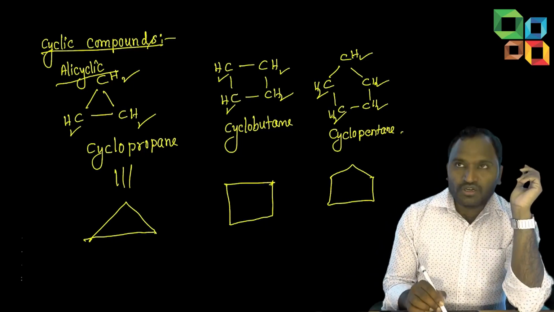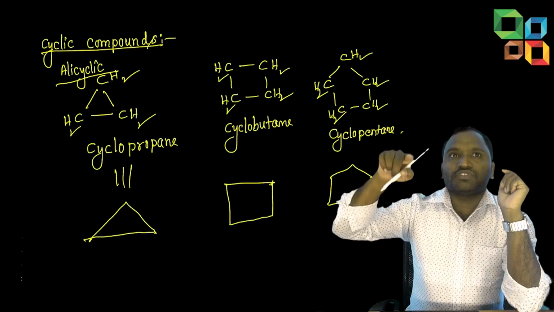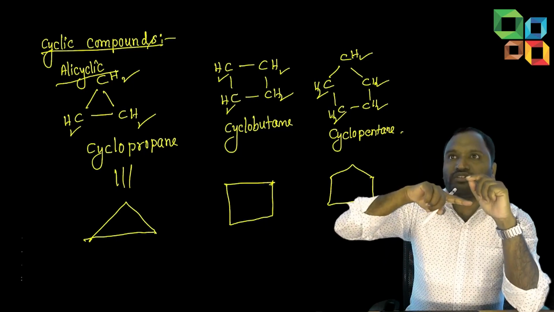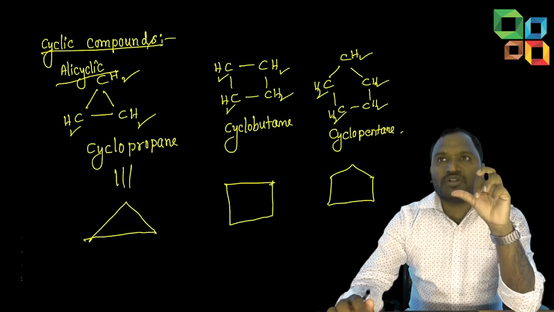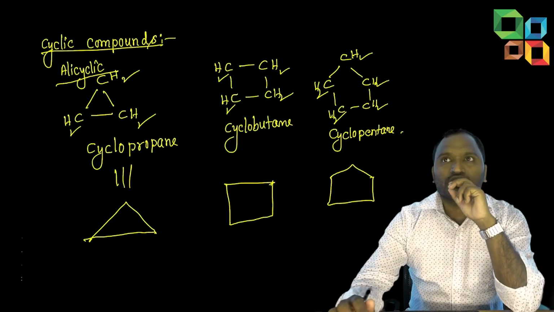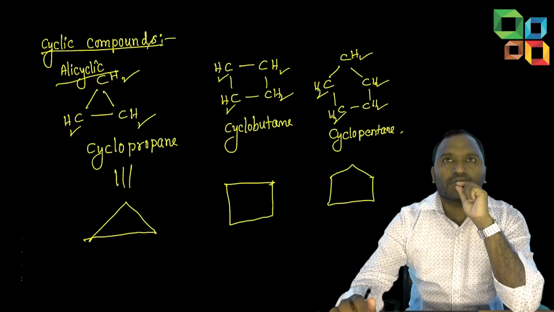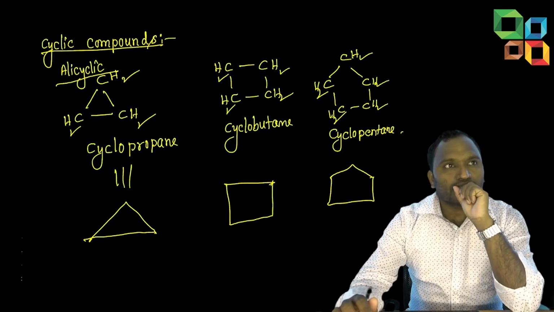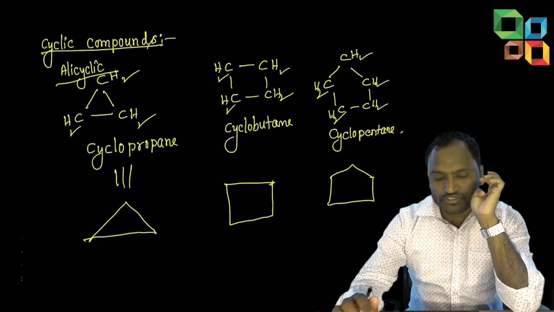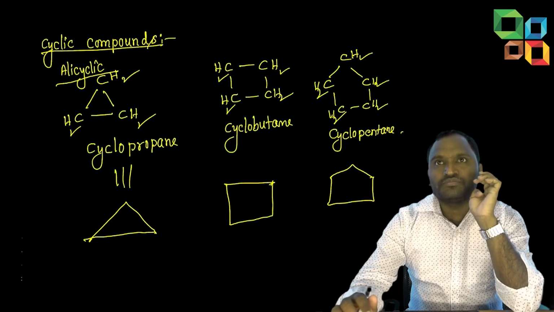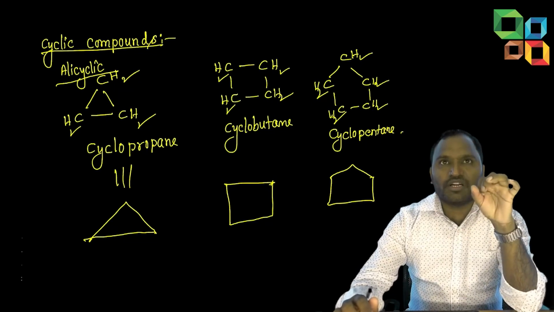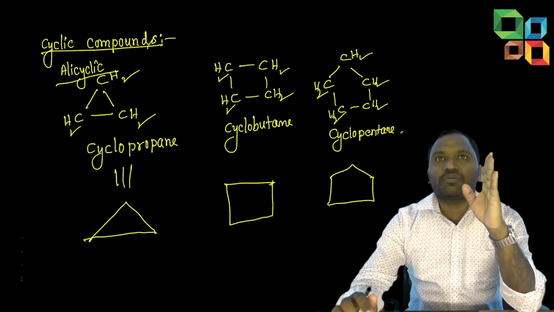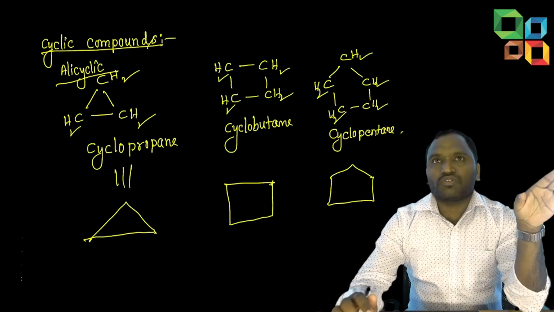The reason is, take cyclopropane. In maths there is a triangle, no? What is the angle between the two lines, students? If it is equilateral, then 60 degrees. Actually, with 3 carbon atoms we have to divide 360 into equal parts, 120 each.